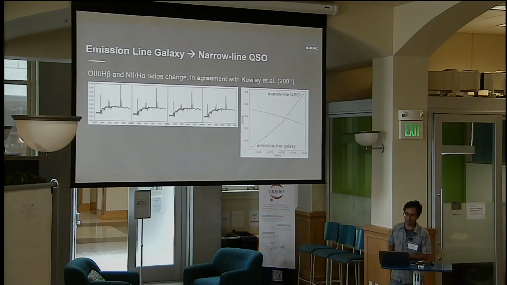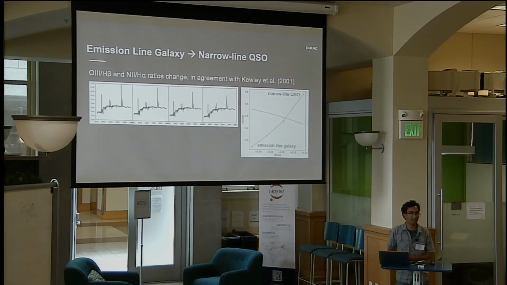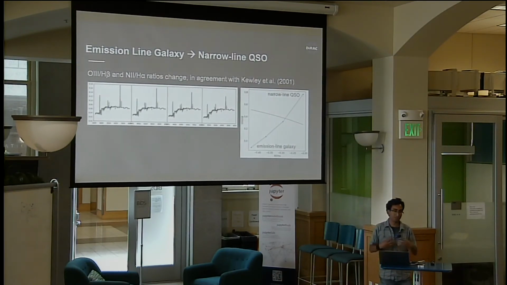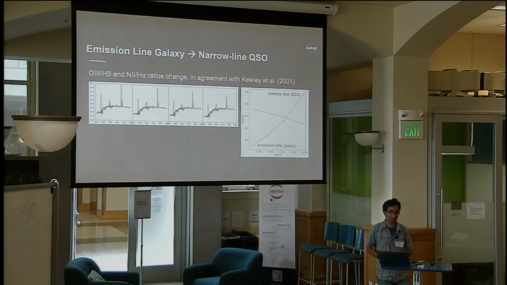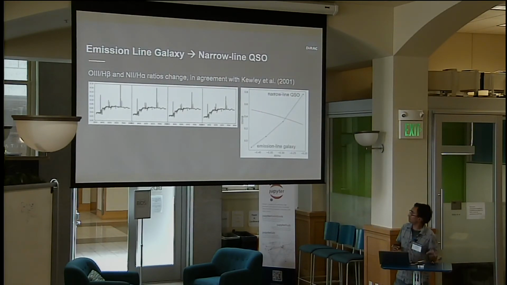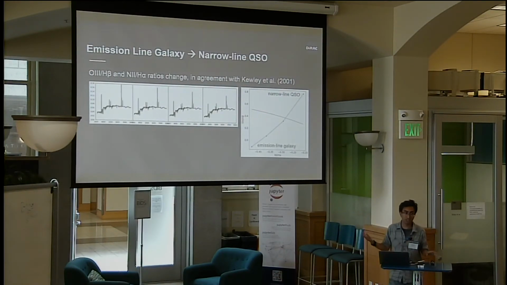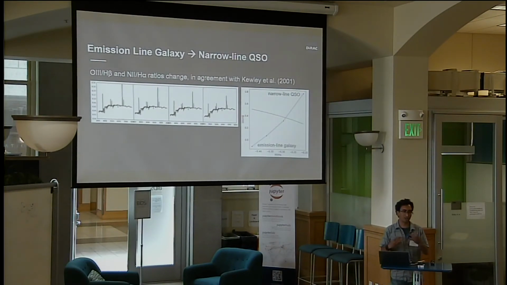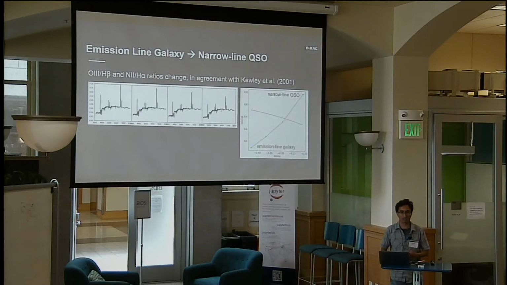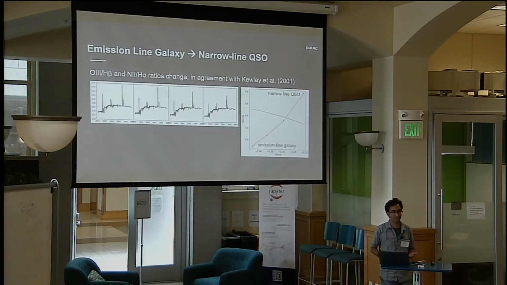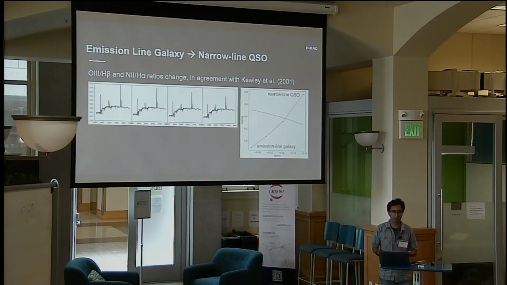Another path that I think is interesting to look at is the one connecting emission line galaxies to narrow line quasars. And one thing you can do with these synthetic spectra is run all of the diagnostics that you're used to doing on observed spectra, like taking the equivalent width of lines and calculating line ratios.